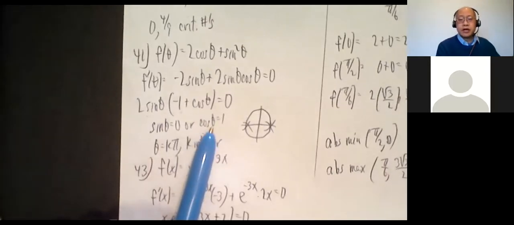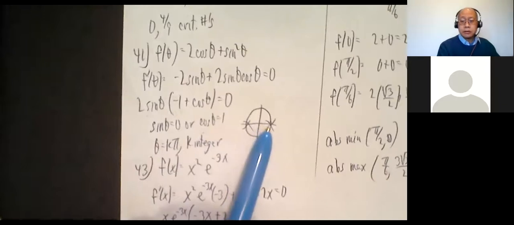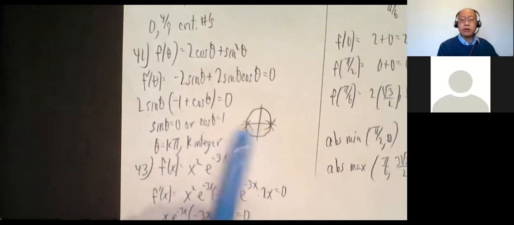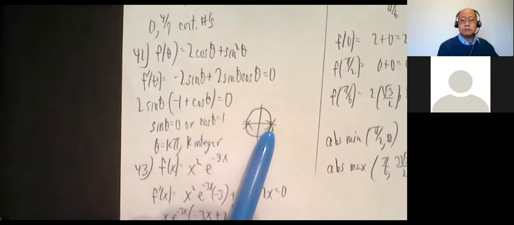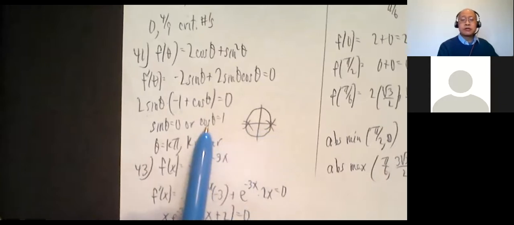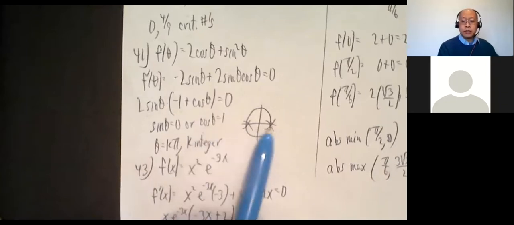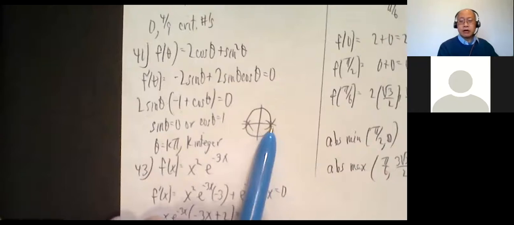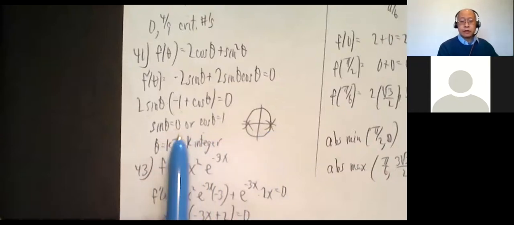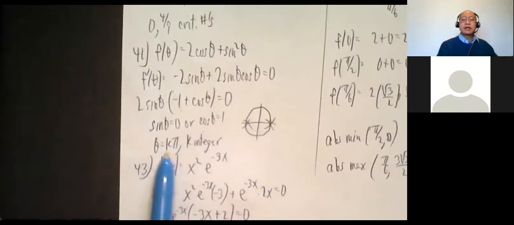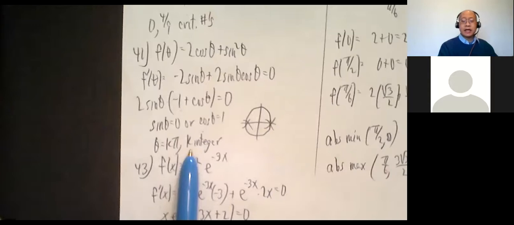Where is the sine of theta equal to 0? Well, here and here. That means y coordinate is 0: 0, pi, 2 pi, 3 pi, multiples of pi. Cosine of theta is 1. X coordinate is 1. That's here. Well, that's already covered over here. Okay, so theta is k pi, where k is any integer.